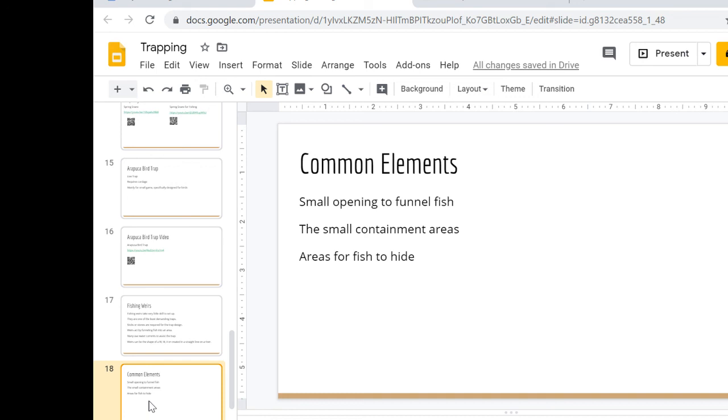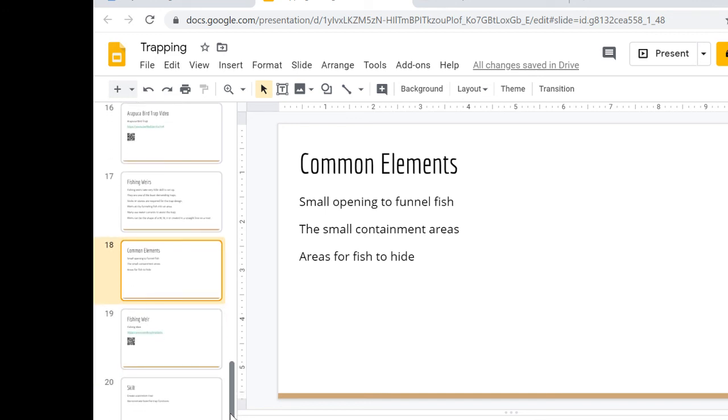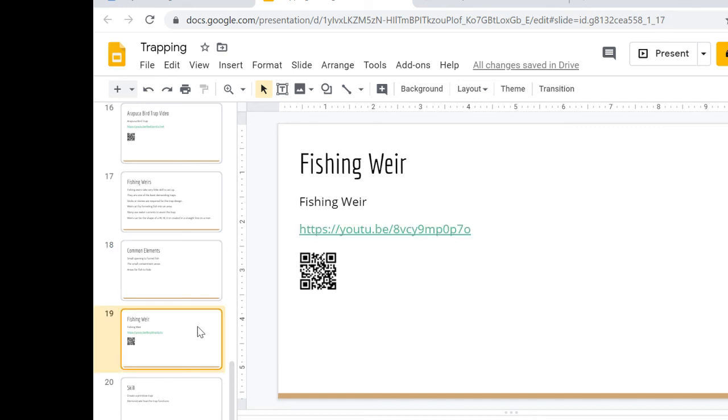Sticks work even better because you can make the weir openings large enough to let water through, but small enough to keep the fish in. And always give the fish a place to hide. So I like to put brush along the edges of my weirs because they'll get up underneath there and feel secure. And here's an example of a fishing weir.